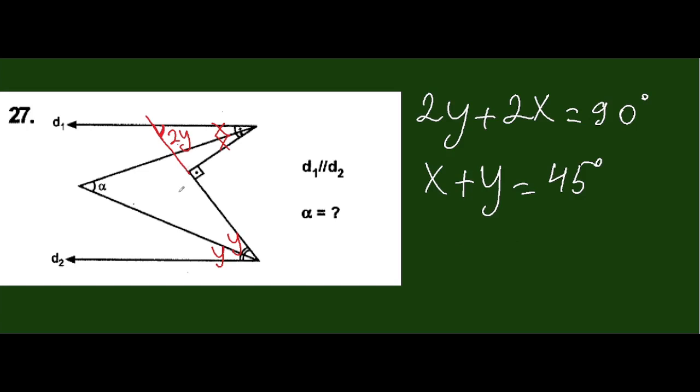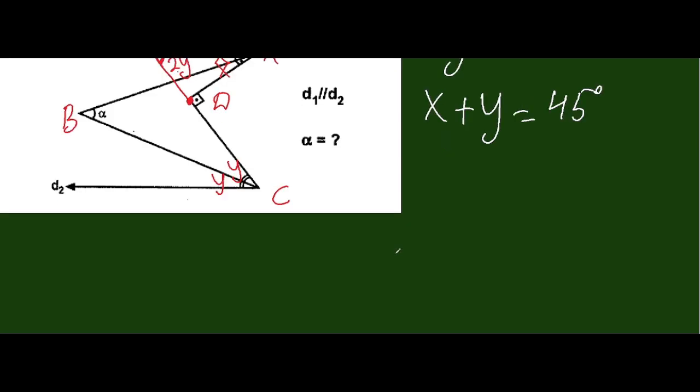The next step is to know that the quadrangle's interior angles sum to 360. Let me write this quadrangle down as A, B, C, and D. For the quadrangle ABCD, we'll just write down the angles.